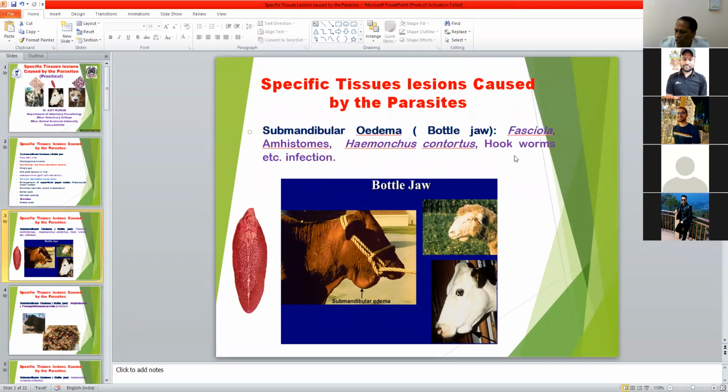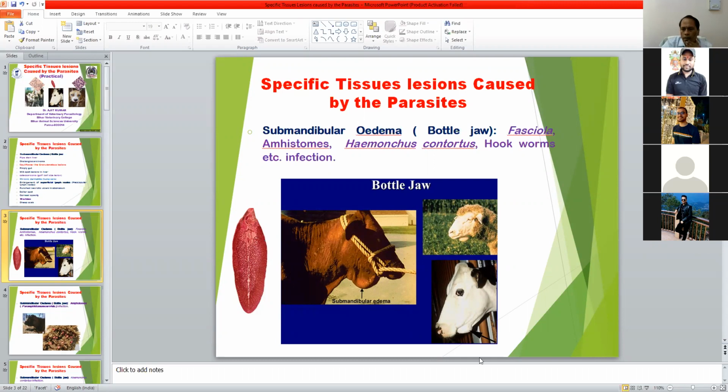lead to hypoproteinemia in the infected host. That is hypoproteinemia, specifically hypoalbuminemia. अल्बुमिन की लॉस होता है जिसके कारण फ्लूइड लूज टिश्यू में एक्युमुलेट हो जाता है. तो यह सबमैंडिबुलर ओडिमा है. This is the Fasciola. Fasciola is commonly leaf shaped, पत्ती के आकार का होता है, commonly found in Bihar and all over India.